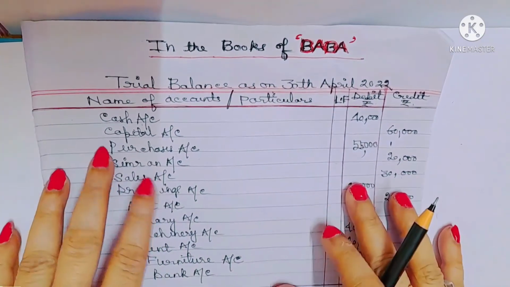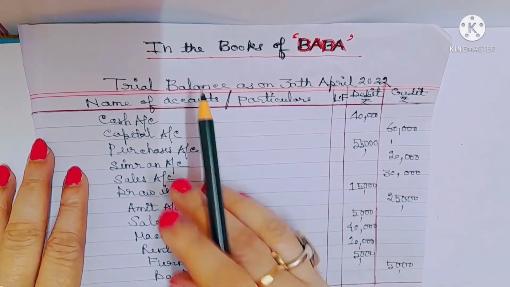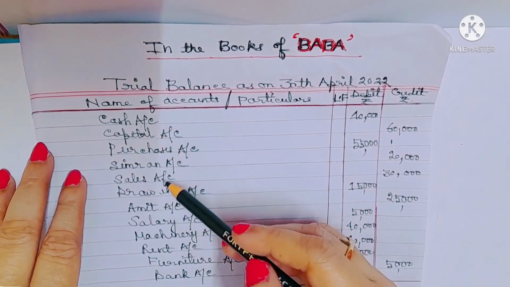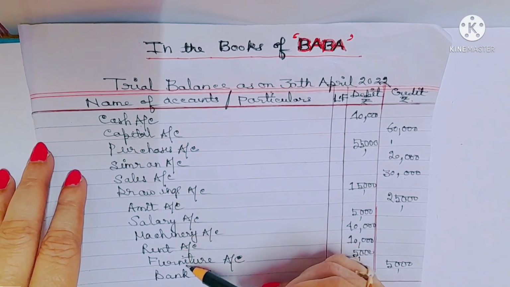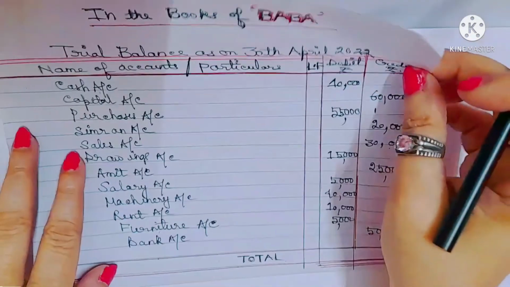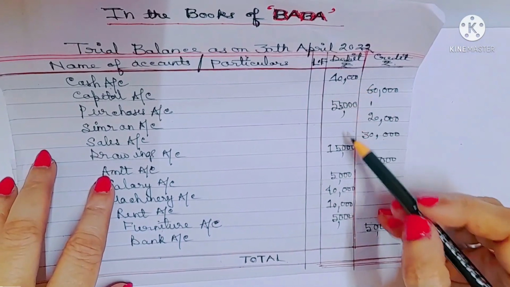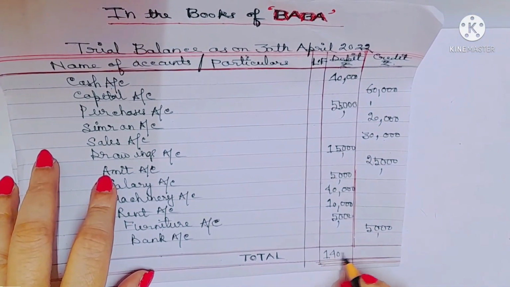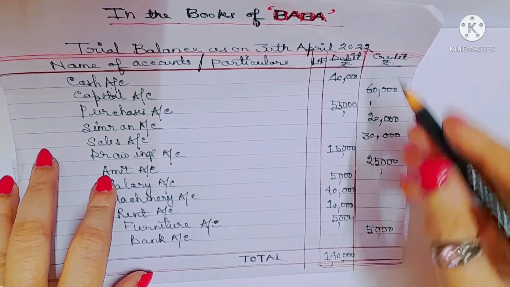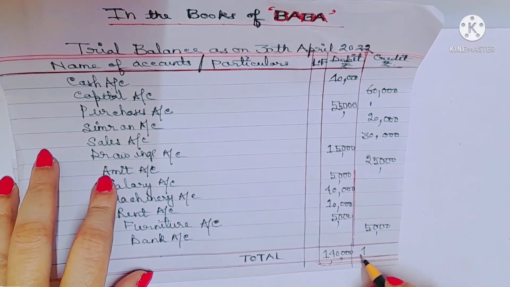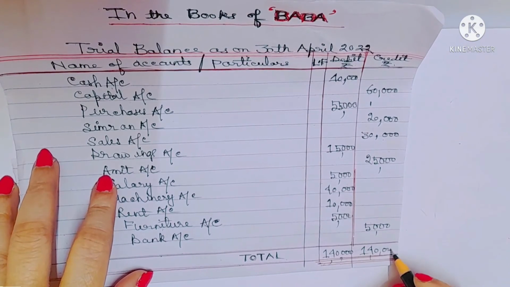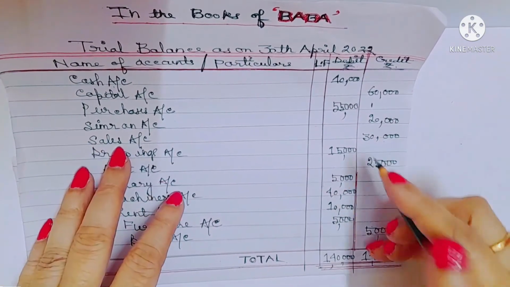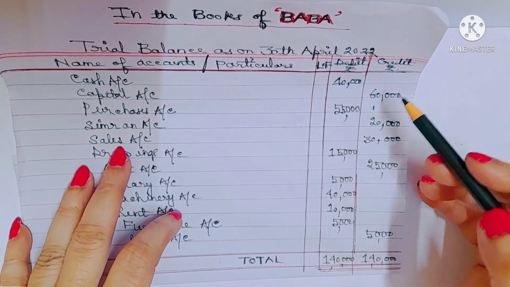Now, see how many accounts we have prepared: 1, 2, 3, 4, 5, 6, 7, 8, 9, 10, 11, 12. So what is the total? Total is 1,40,000 on the debit side, and 1,40,000 on the credit side also. Always remember, just like the journal, the debit side total should be equal to the credit side total.